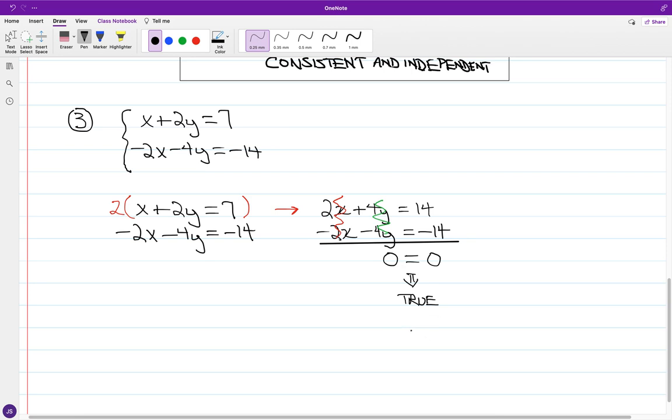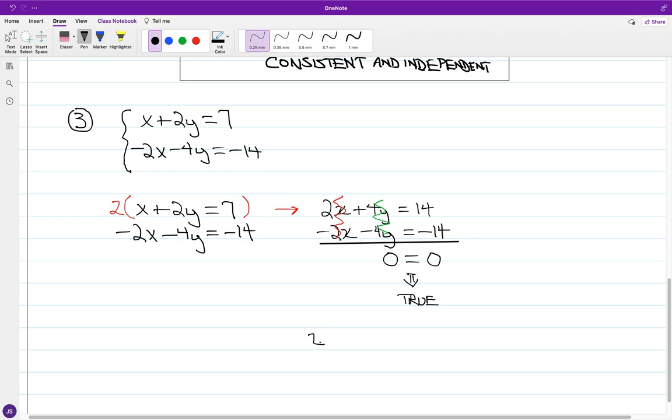It kind of goes back to the early stages when we had types of equations like consistent, inconsistent, and identity. This is like the system form of an identity, where you're going to have an infinite number of solutions.